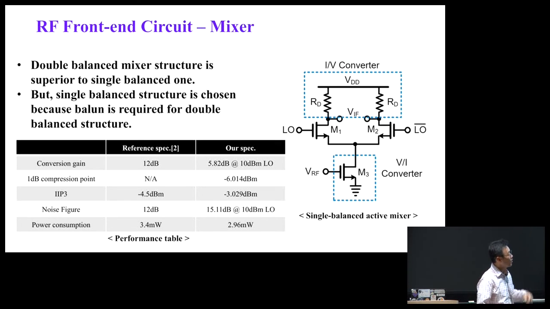For example, we need the VRF and VRF bar signals. But to convert single-ended to differential, we need a transformer. A transformer is nothing but two inductors put together. But again, we had an issue getting an accurate model of the inductor, so we gave up the transformer and went with a not-so-common, old structure, which is a single balanced mixer.